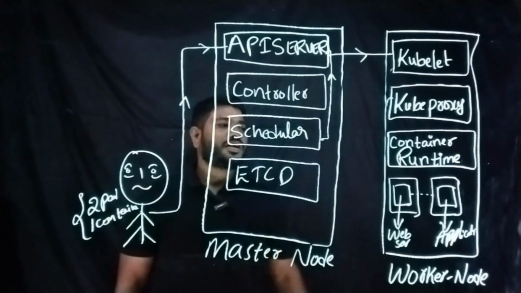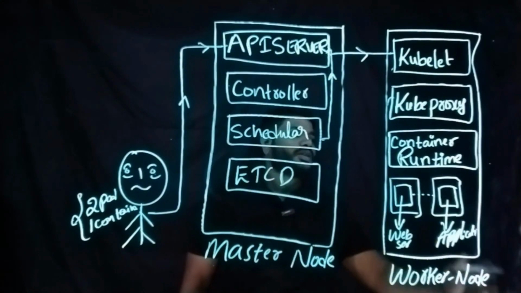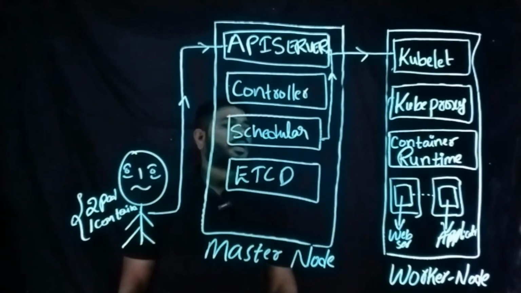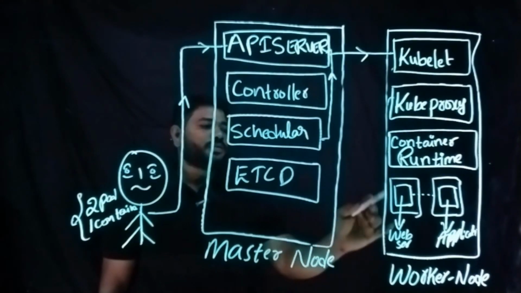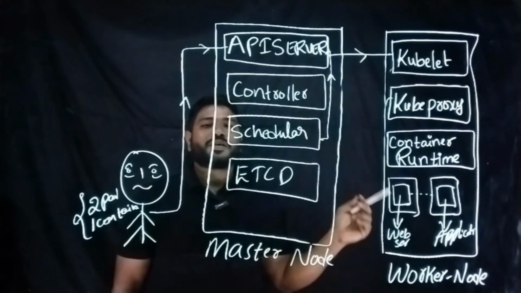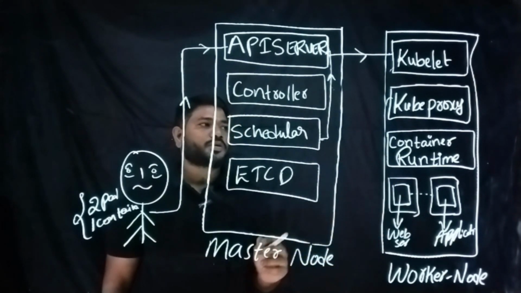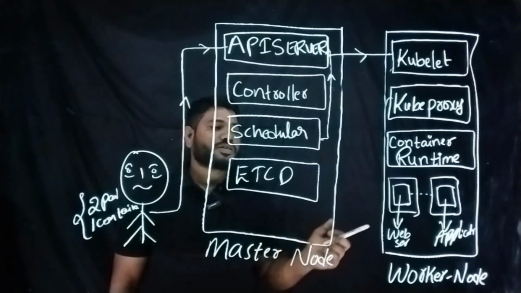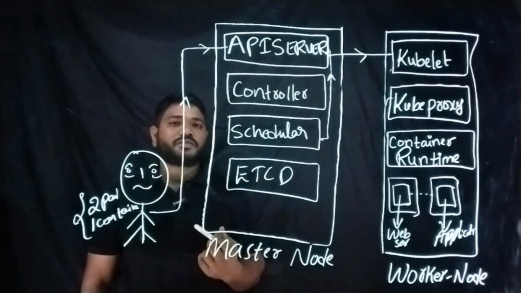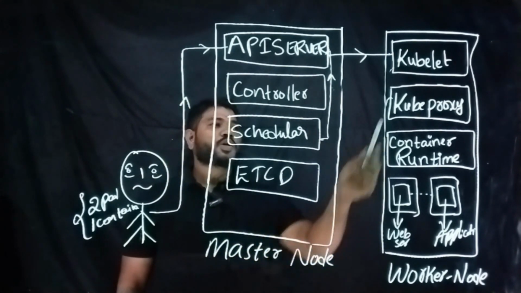Let's say we have another node over here, and that node has the web server, and the application server is running on another node. In that case, by using kube-proxy, we can make communication between these two pods. Another case is if you want to get traffic from the user to the pod using kube-proxy.